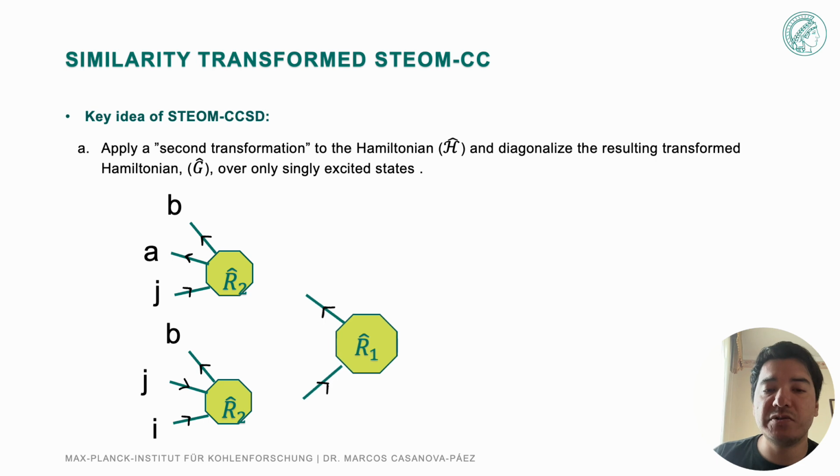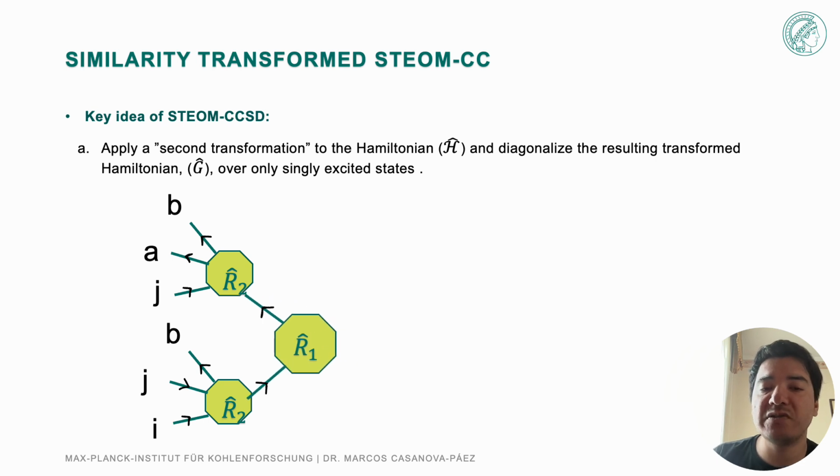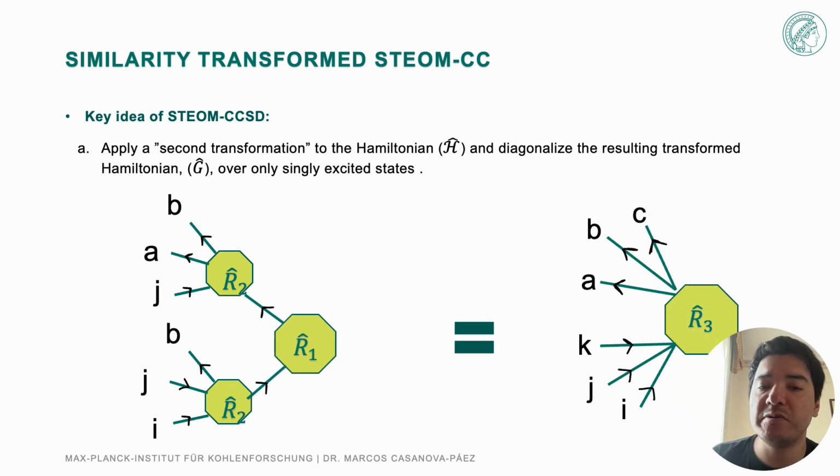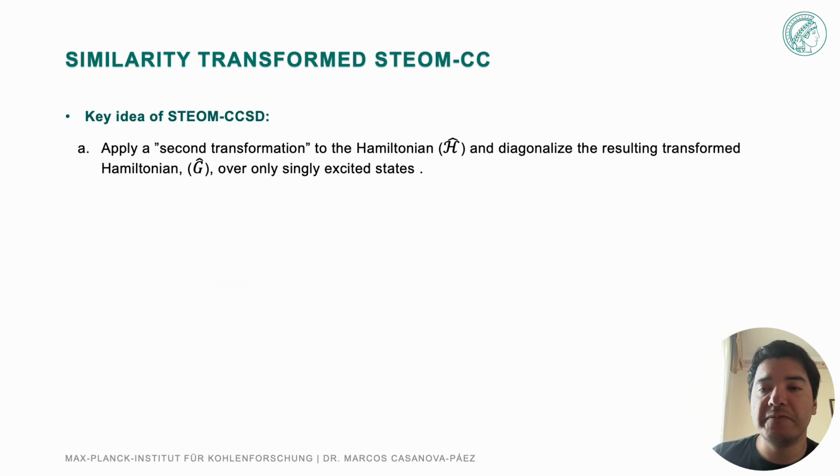If you put them all together, you will see that actually this resembles a triple excitation, and this is actually known as the implicit triple excitation. It also has another advantage, because when you apply the IP equation of motion followed by an EA equation of motion, this is actually the definition of a charge transfer excitation. And this is a very well-known problem in equation of motion CCSD.